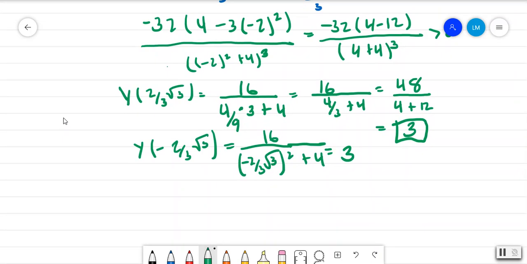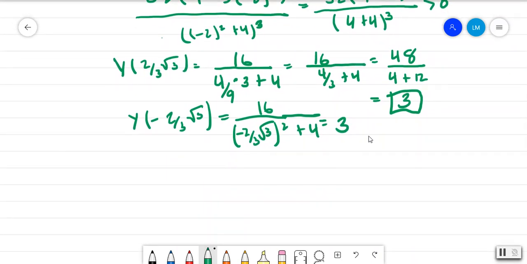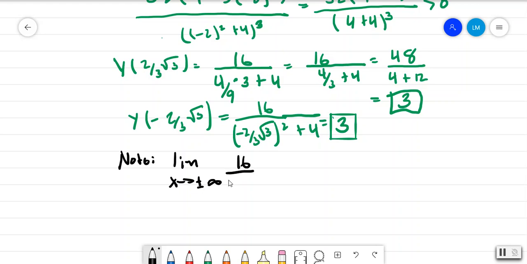Okay, so that means that we have enough information. Now, keep in mind that the inflection point is like negative 1.15, so it's very close to 1. But I want to make one last note. The note is that if I take x to plus or minus infinity for 16 divided by x squared plus 4, this guy's bottom heavy, so that means that it goes to 0.